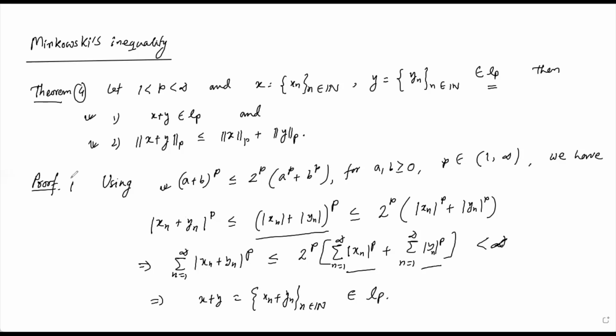So this is proof, first item. Second item. Okay, so for x_n plus y_n, the absolute value of this to the power p is equal to, one can write, |x_n + y_n| times |x_n + y_n|^(p-1).